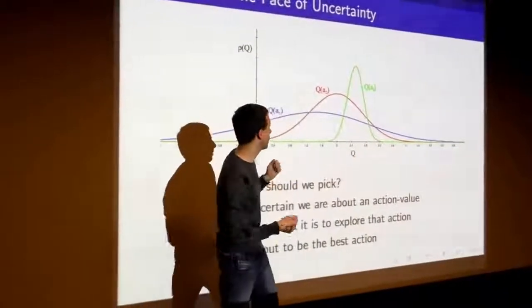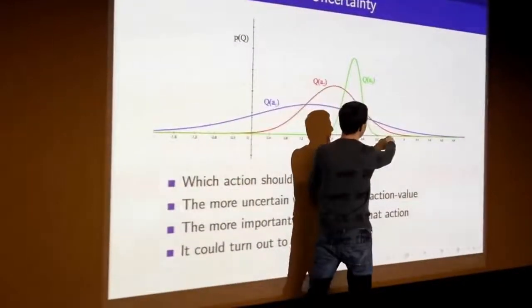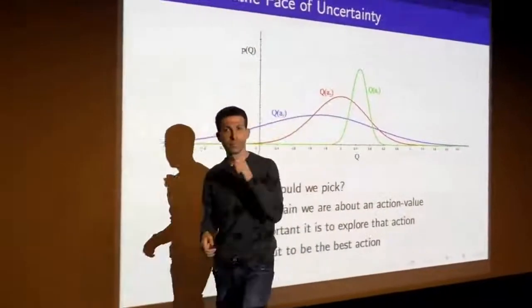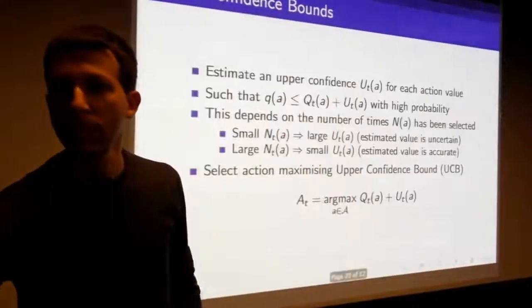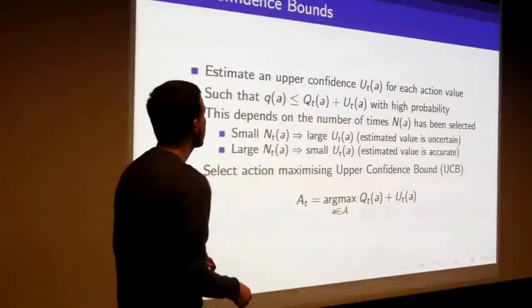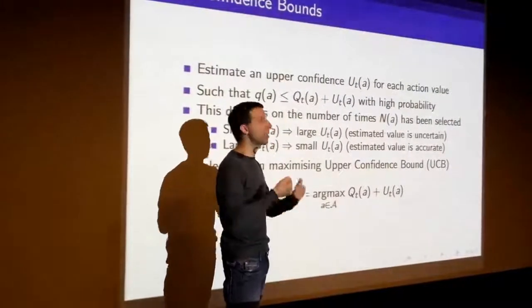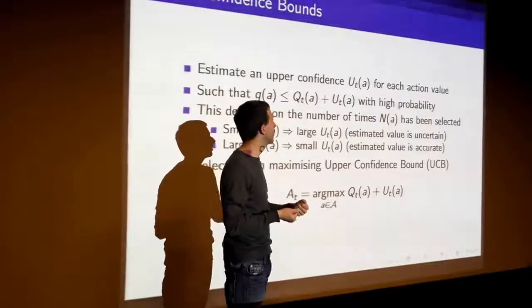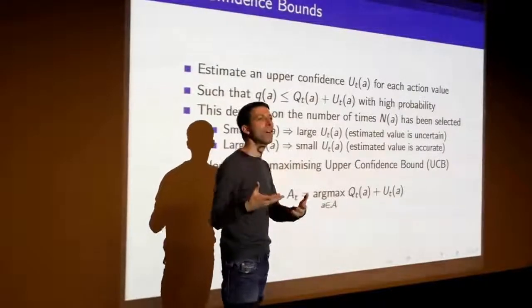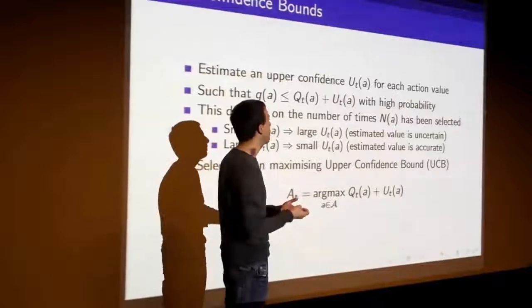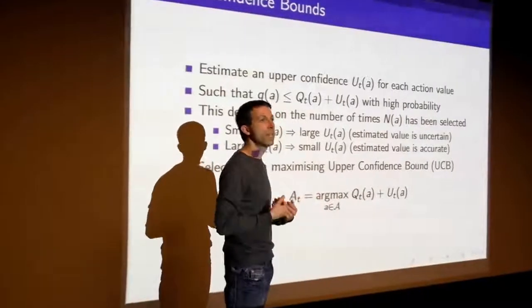So we're going to end up picking the thing where we sum those 2 things together, it gives us the maximum value. So we're going to estimate this upper confidence U. We can think of this as a high probability upper confidence on what that value could be. Think of this as something like a 95% confidence interval about where the mean could actually be.